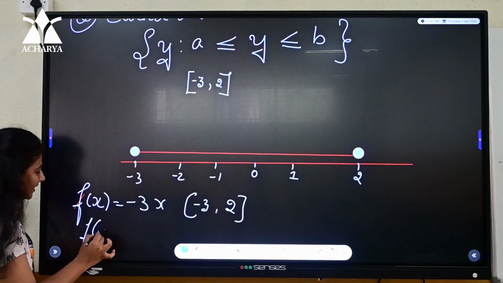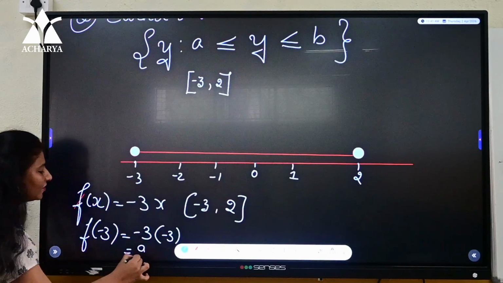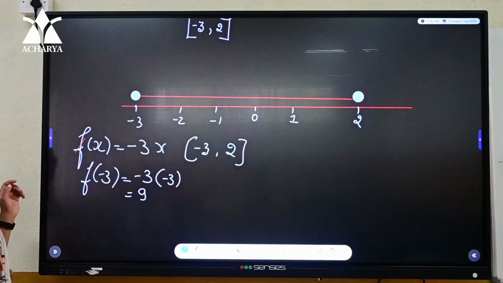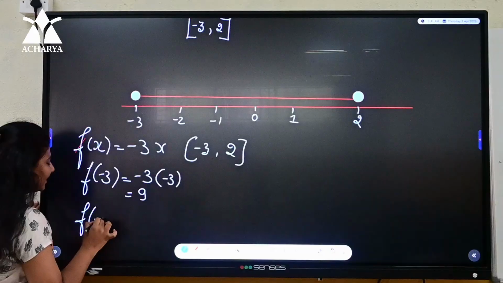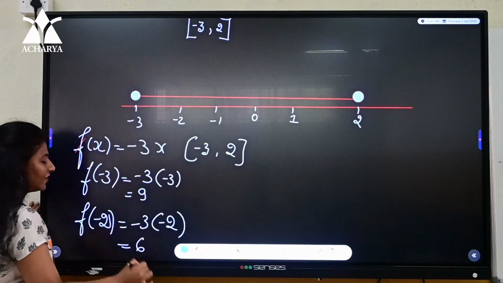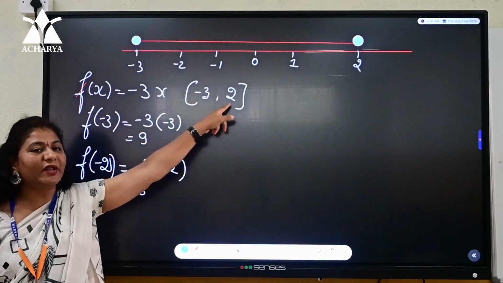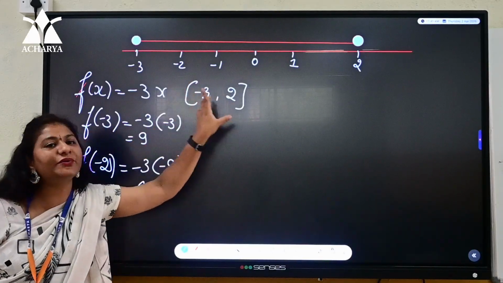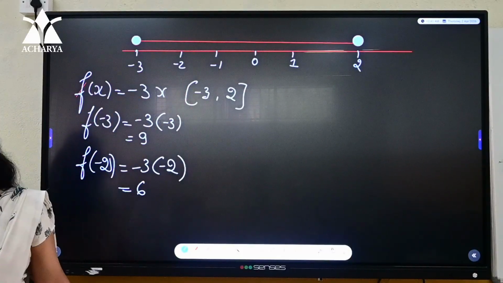So f of minus 3 is equal to minus 3 into minus 3, so we get the value plus 9. In the same way, after minus 3, the next is minus 2. f of minus 2 is equal to minus 3 into minus 2, which gives the value plus 6. So whatever value from minus 3 to plus 2 is there, it is included in the function. So that is called a closed interval.